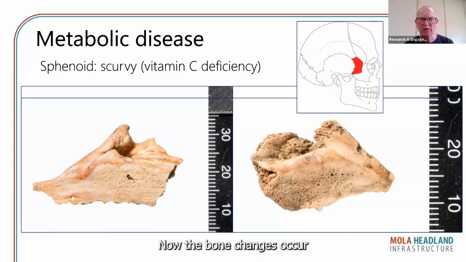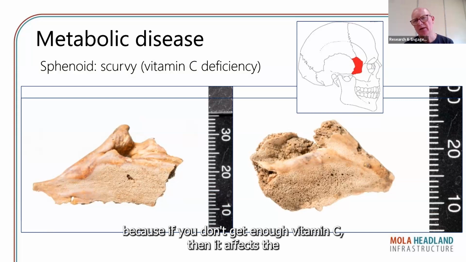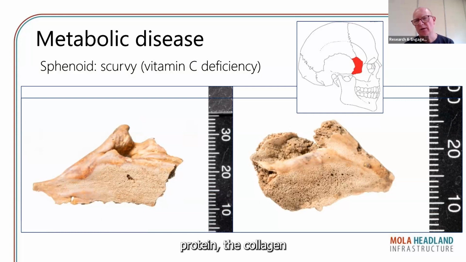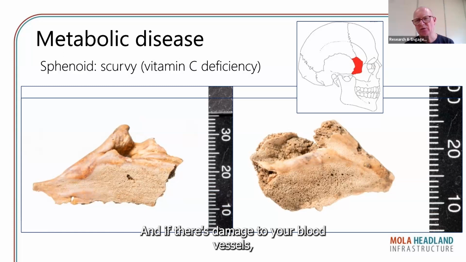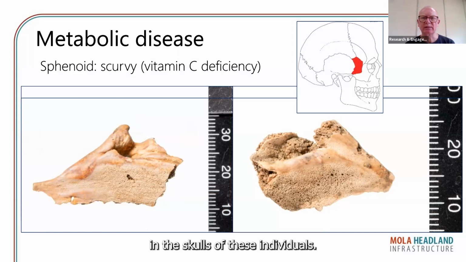Now, the bone changes occur because if you don't get enough vitamin C, then it affects the protein, the collagen, that helps build your connective tissues. This includes your veins, for example, and if there's damage to your blood vessels, then they can start to hemorrhage or bleed. This may lead to the changes that we're seeing in the skulls of these individuals.